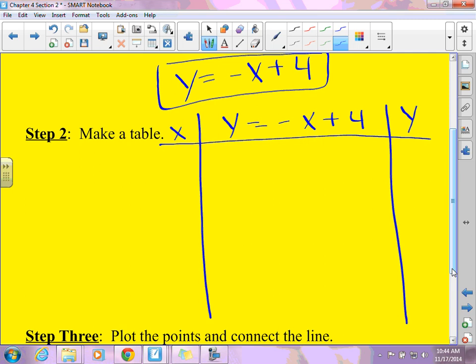I don't choose those. I choose -1, 0, and 1. I choose -1 because it's negative. I choose 0 because it's kind of a neutral, easy number. And I choose 1 because it's positive. And what that does is it gives you an idea of the ordered pairs a little bit better because you're dealing with some negative numbers too. All right. So when you do these, I'm going to ask you to do a negative number. -1 is probably the easiest.